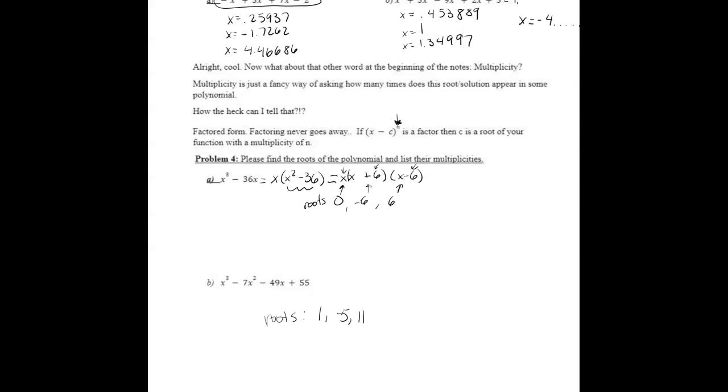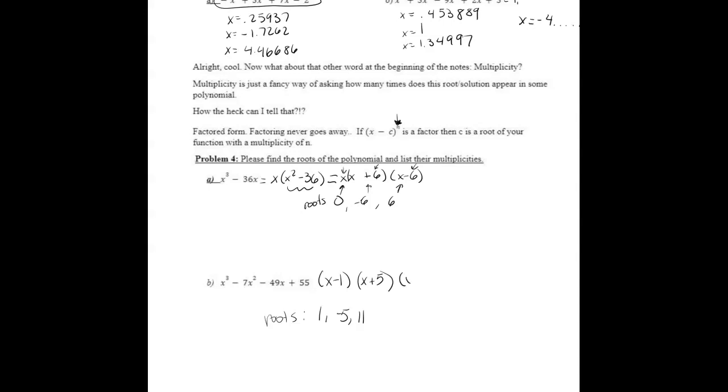Okay. Which means that my factors, going backwards, I should have said x is equal to 1. So that means that x minus 1 was equal to 0, which would be my factor, because we always set our factors equal to 0. So I would have x minus 1. If x is equal to negative 5, that means x plus 5 was equal to 0, which would have been my factor.